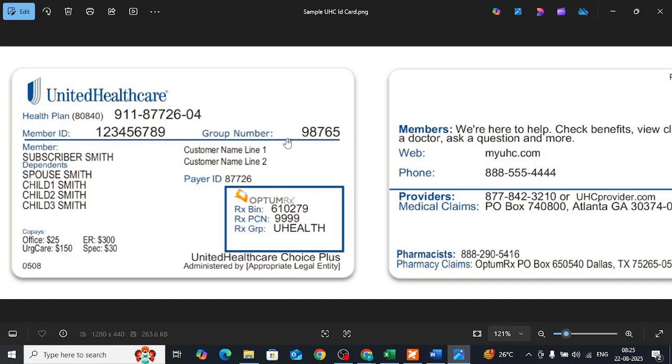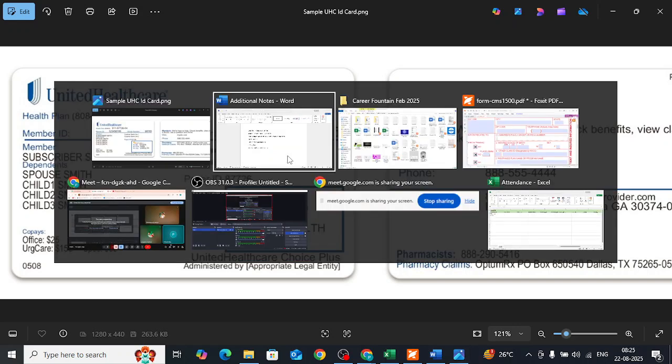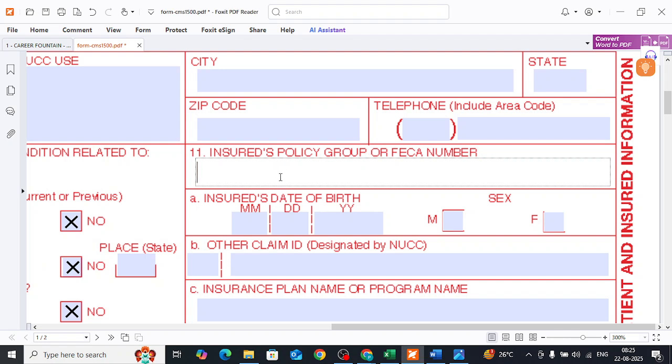Okay, so this is the member ID or the policy ID, and in front of that the group number is there. So one field will be there in our application where the group number is added according to the ID card, and it will go in this box. Whatever the group number is, it's not a mandatory box. If it is there, then only it will go. Some plans are group plans. In that case, the group number will be there.